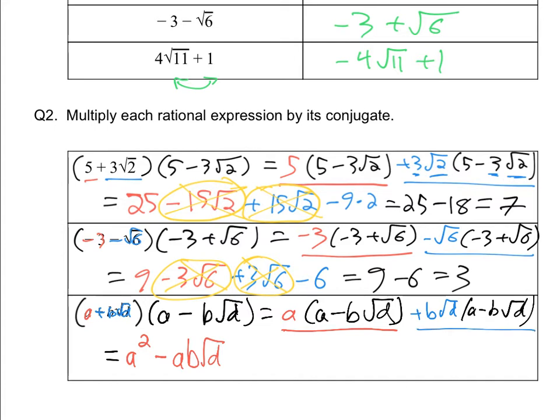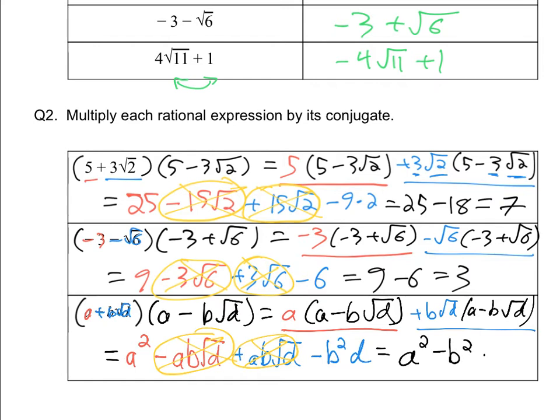Our second product, this is plus ab root d minus b squared times d. Once again, note that these two components that have a radical expression add to 0. We're left with a squared minus b squared times d.